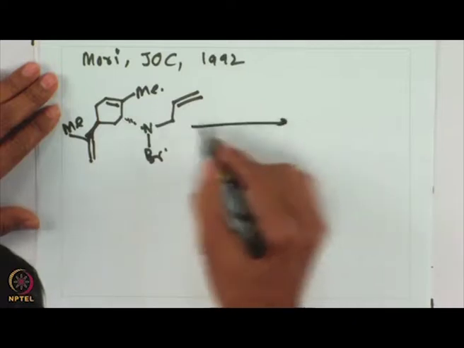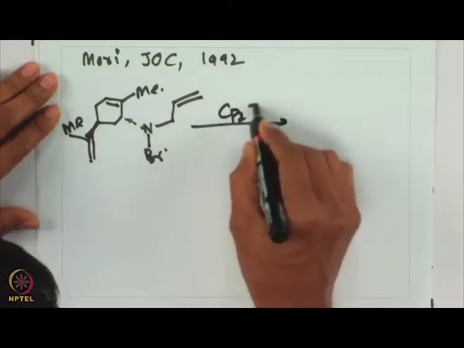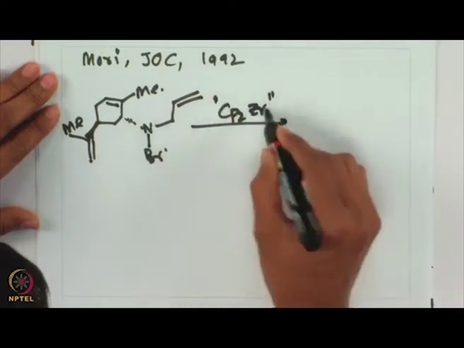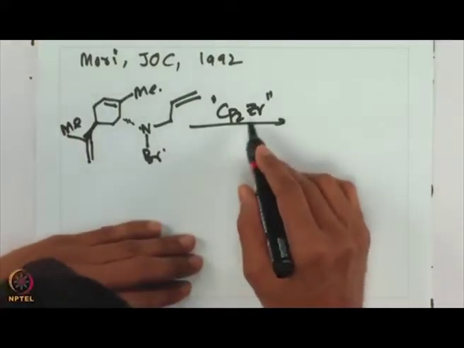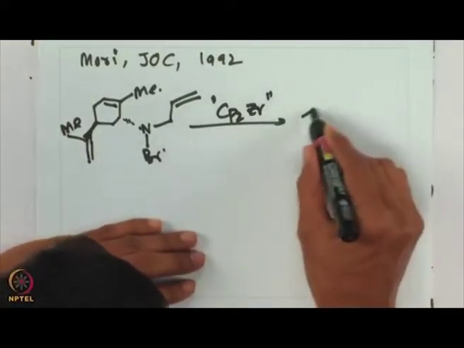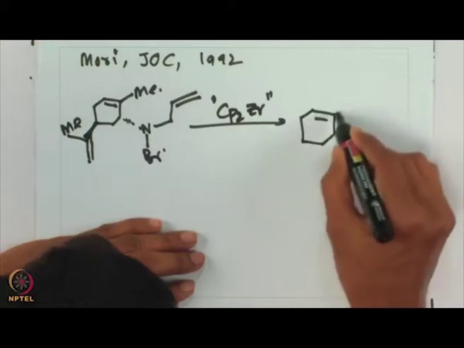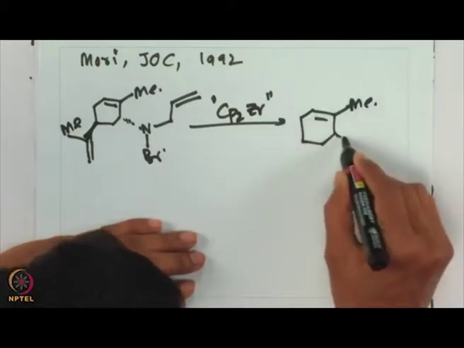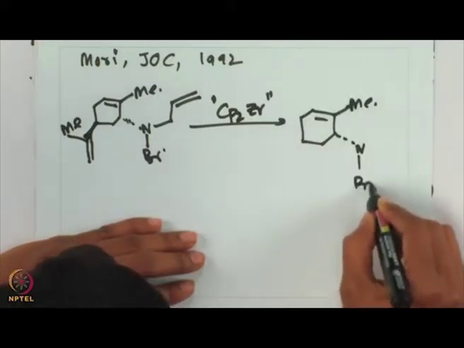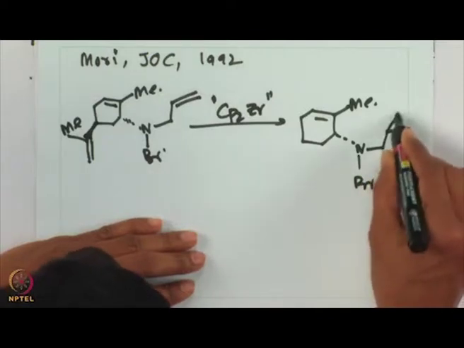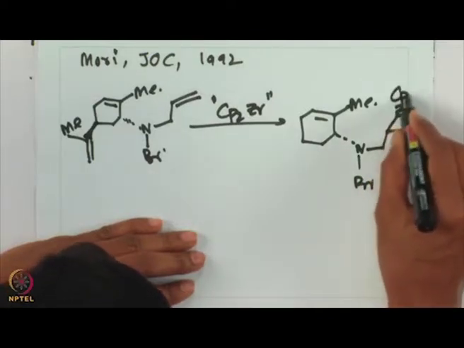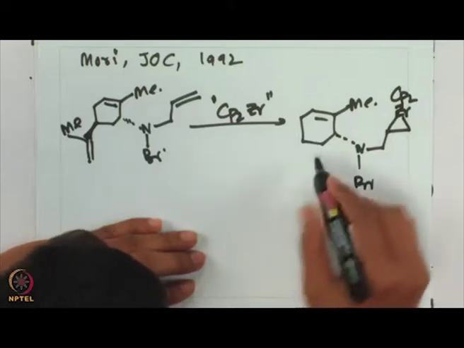Obviously, this is the one which is more reactive, and it would be reacting with the dicyclopentadienyl zirconium intermediate as one would expect. Subsequently, we will get the cyclized intermediate. From there on, we can have this zirconium Cp2 cyclized cyclopropane type of intermediate.